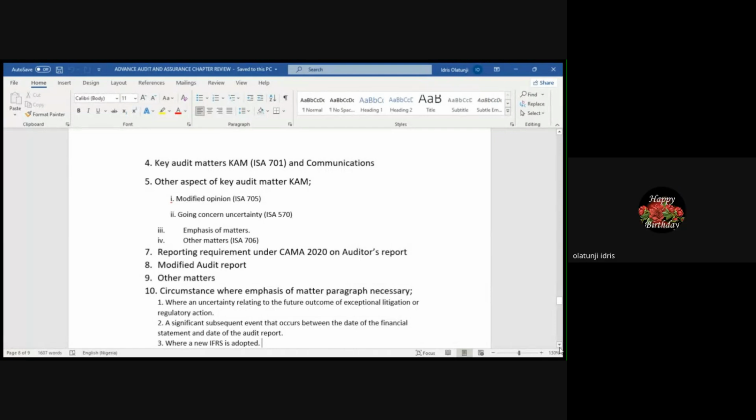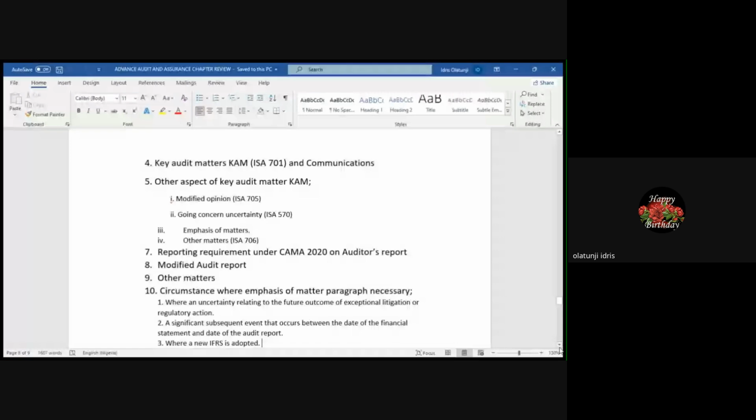Yes. Okay. So any emphasis that should be presented in the auditor's report, these are the emphases I explained here. You said emphasis on what? Emphasis of matter paragraph and other matter paragraph. Okay.